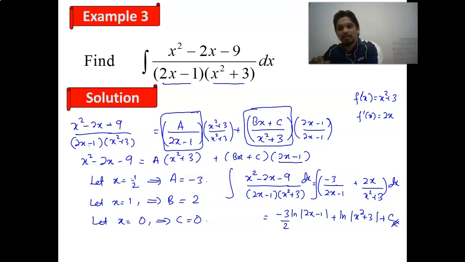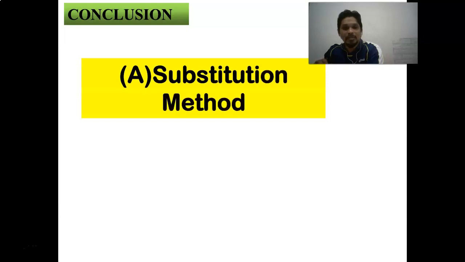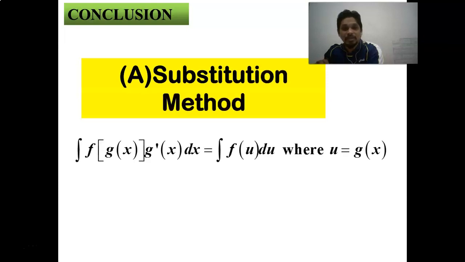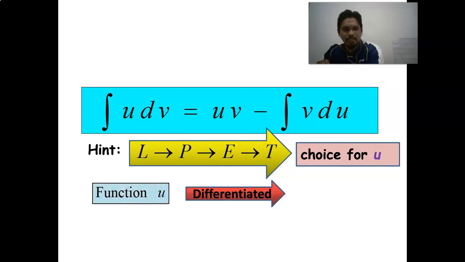So then class, the conclusion: the substitution method here, and this is what we call the formula for integration by parts, and this is a hint, just a guidance for you to choose which comes first.